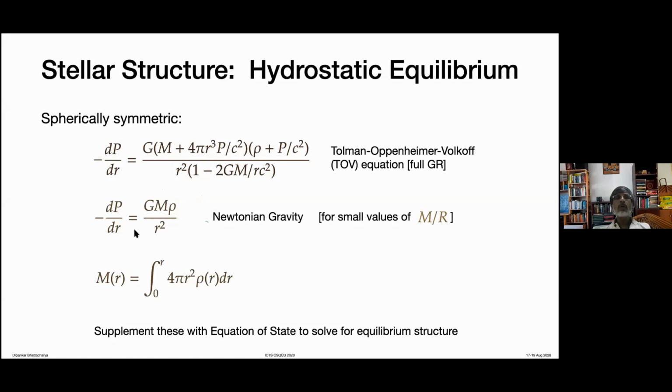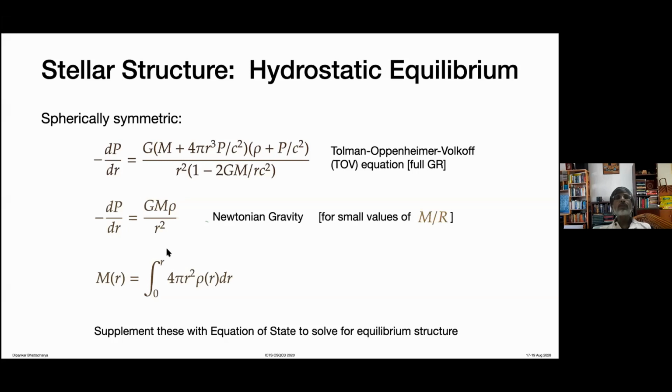And for these non-compact stars, we can use this equation, which is as you would write from Newtonian gravity. So this is hydrostatic equilibrium in Newtonian gravity. This is a much simpler looking equation.